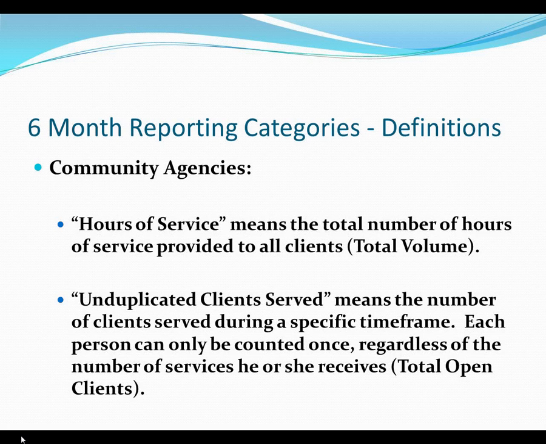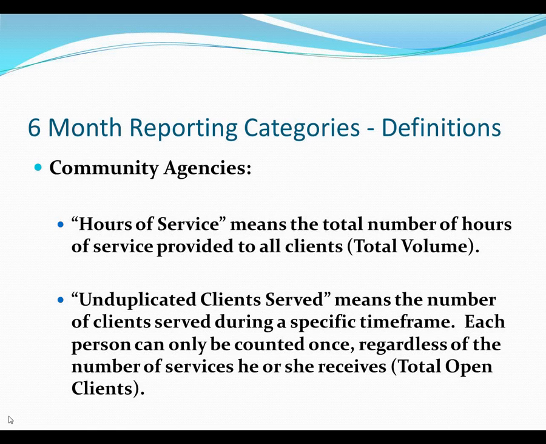Just a couple of things to go over, definitions. The first definitions that are on the 6-month reportable part of the rule talk about hours of service, and hours of service means the total number of hours of service provided to all clients. It's a total volume.